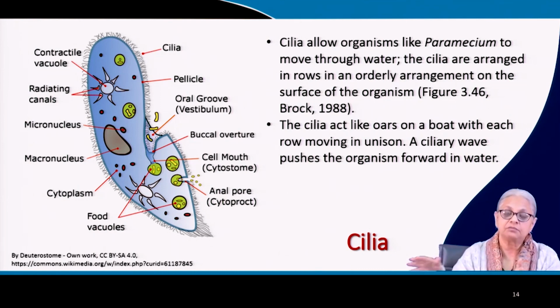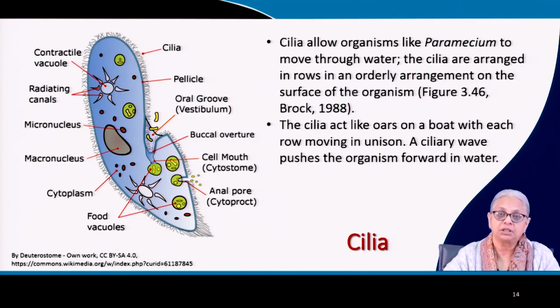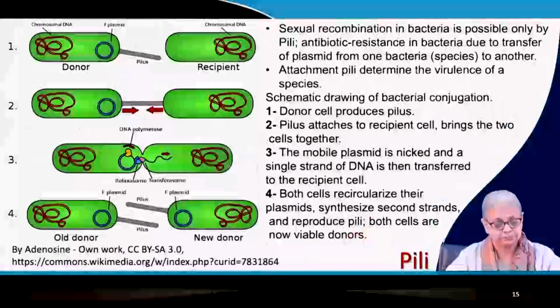So there is a ciliary wave over the entire body of the protozoa that pushes the paramecium through the water. It's very interesting. You can take a look at the nature of these cilia on the surface of the paramecium.